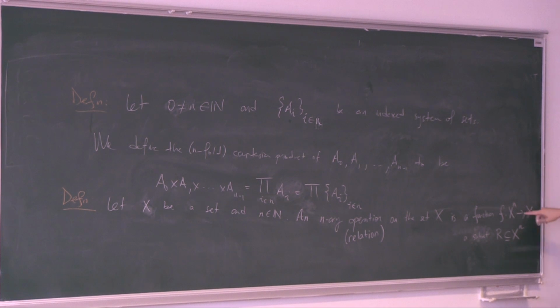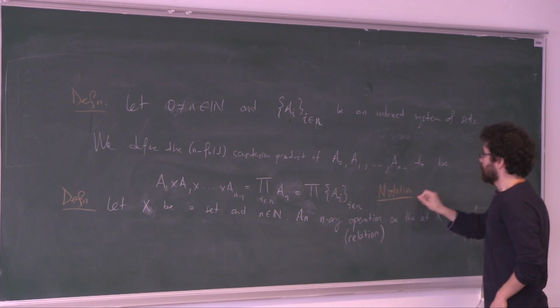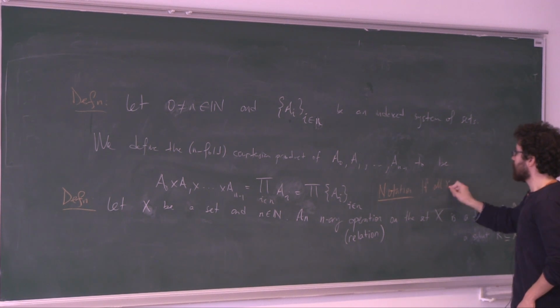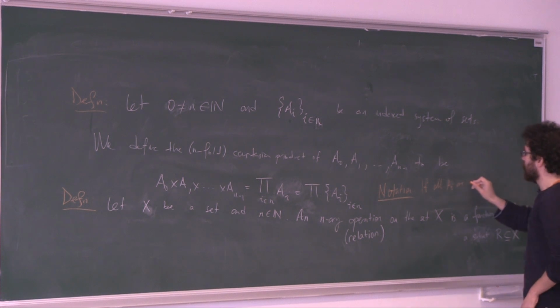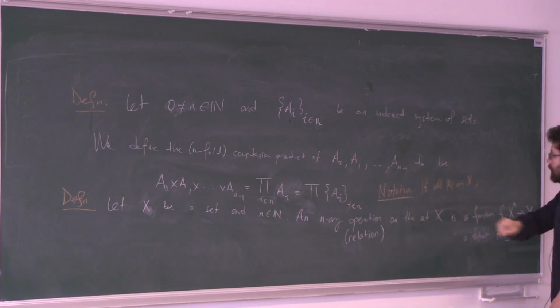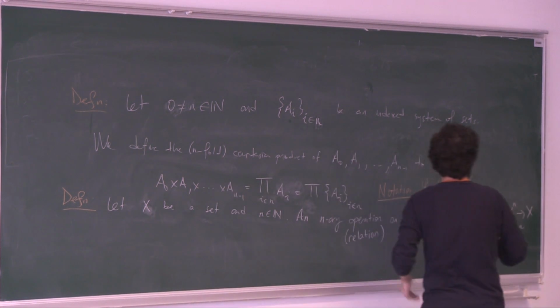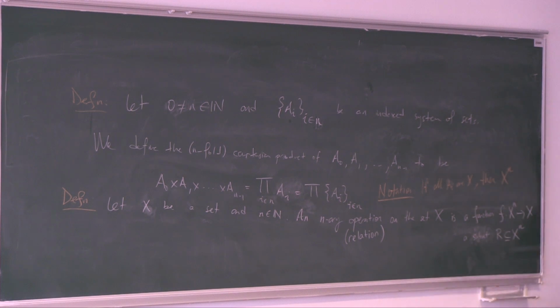Now, I use this notation, X to the power n. What does this mean? Over here, if all sets A_i are the same set, if these are all X, then the common notation is to write X to the power n.